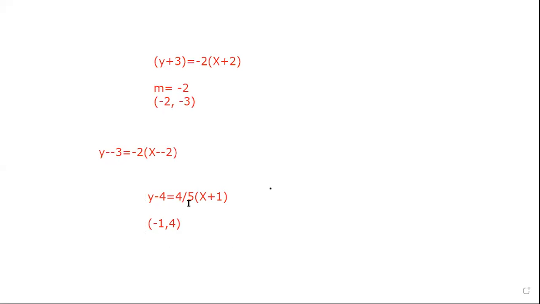Because, as I told you, the general formula, Laura, was y minus y1 equal m times x minus x1. The original sign was what? Negative, right?